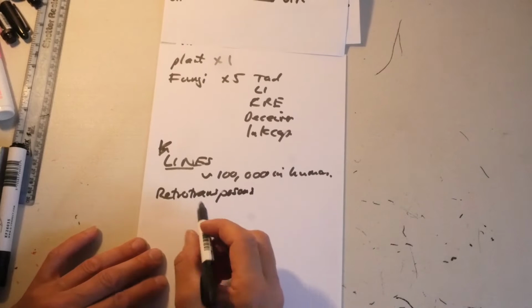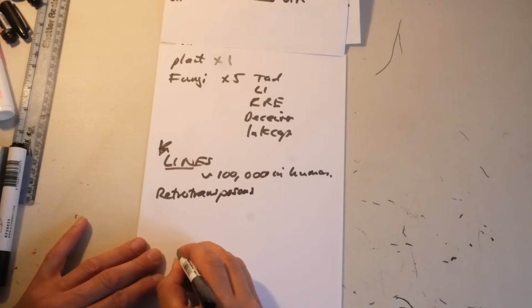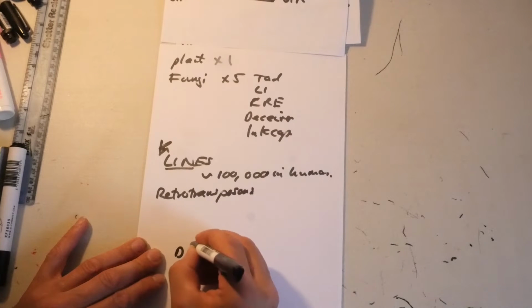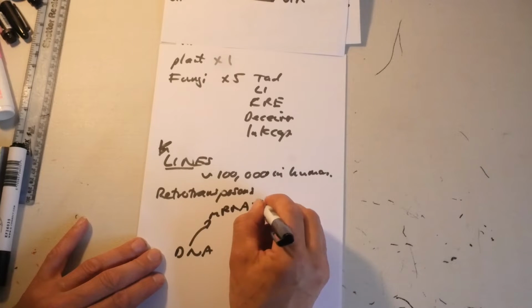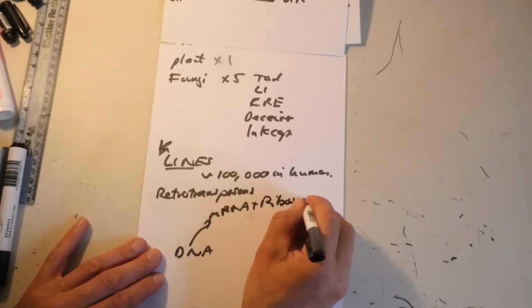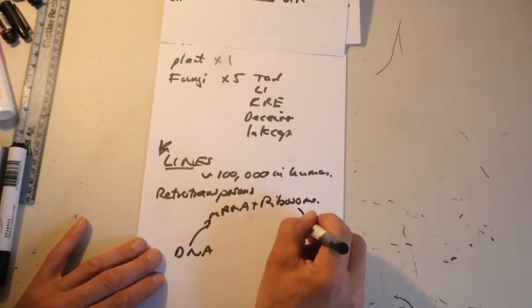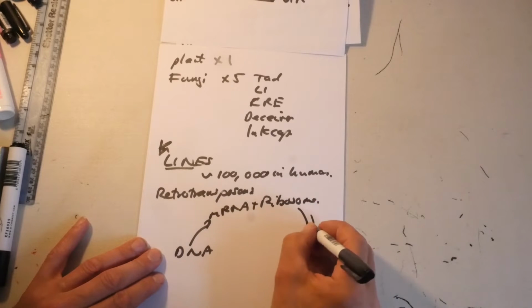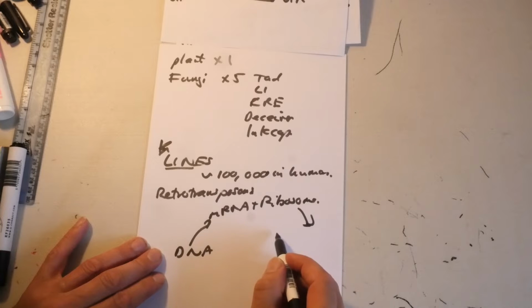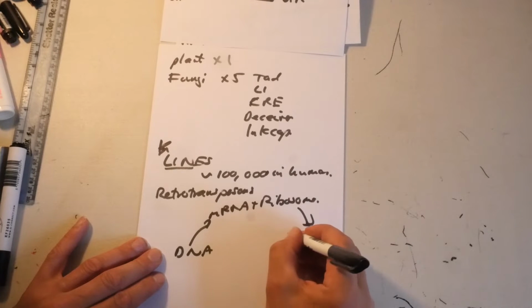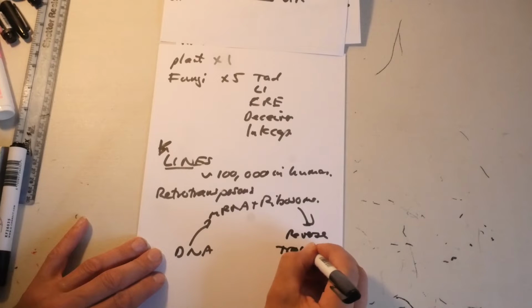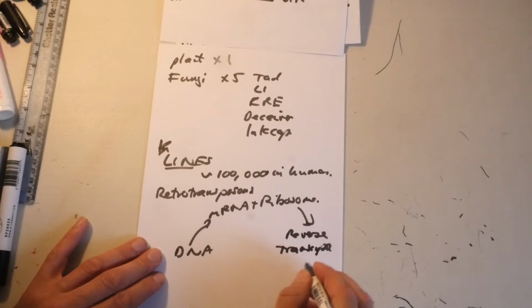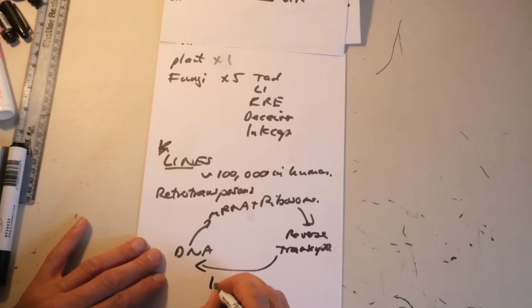Okay, the way they work is approximately DNA becomes messenger RNA plus ribosome, so proteins are made. Then you get reverse transcription, and then it cycles back to DNA and you get integration.